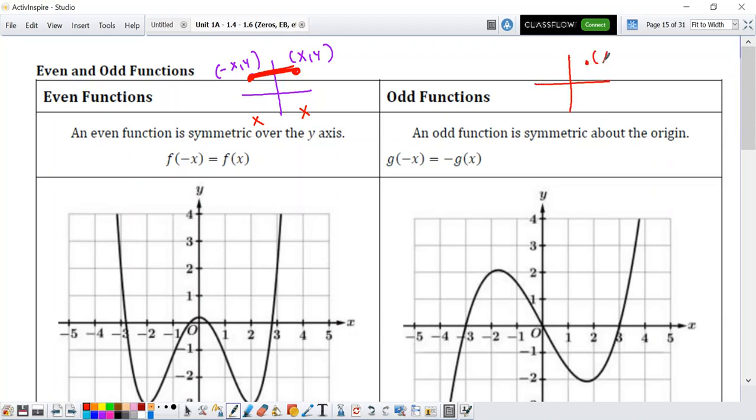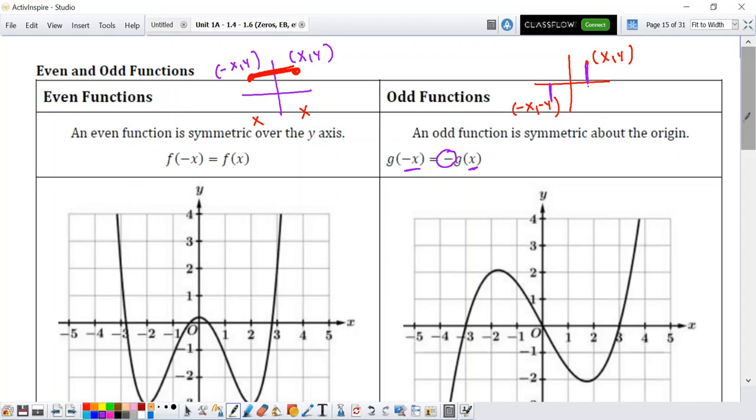Odd function means if I have (x, y) here, then -x will give you -y, which means if you replace x with -x, the graph is flipped 180 degrees. In other words, if you replace x with -x, the y value is also negative, and that makes it an odd function.